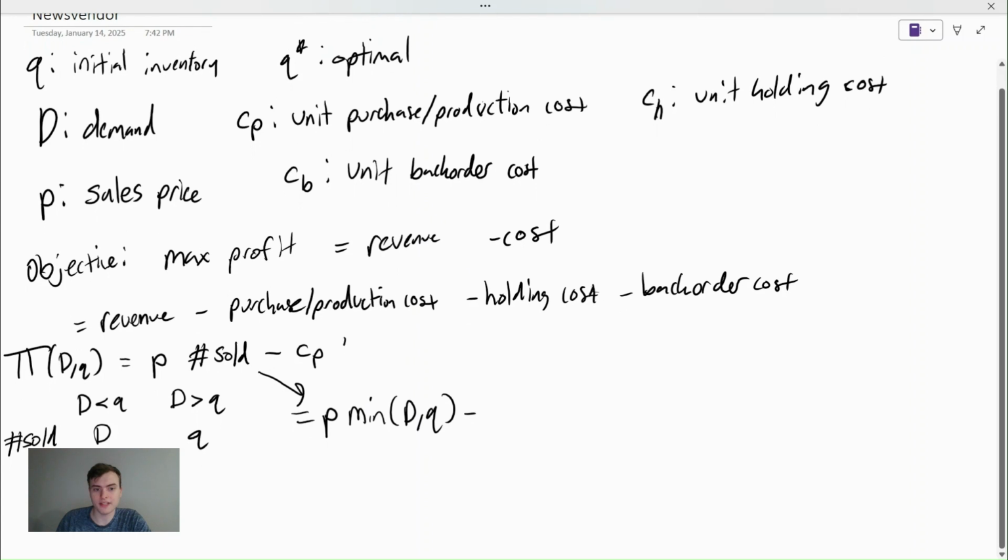And then we're going to have the number of units produced or purchased, which is simply how much initial inventory we're going to make, right? So it's minus CP times Q.